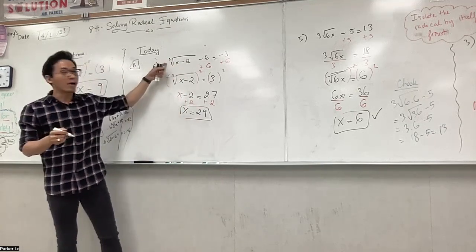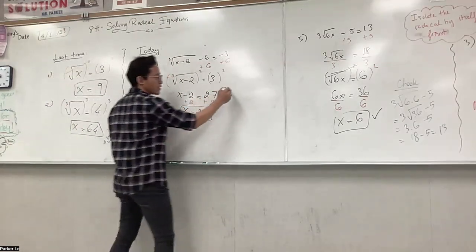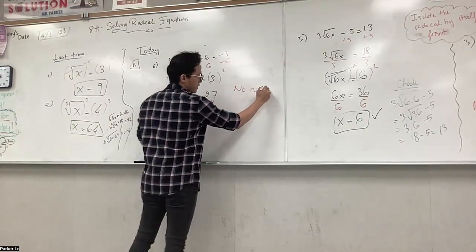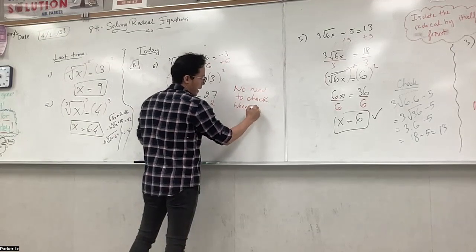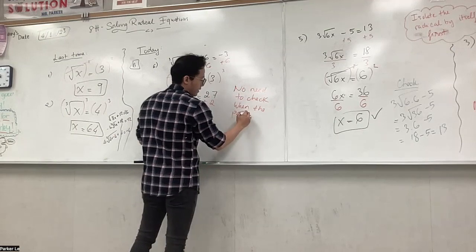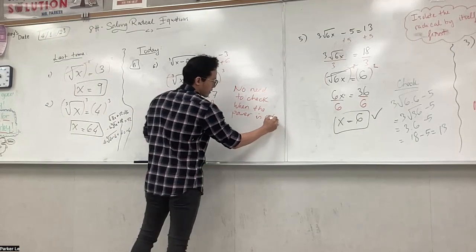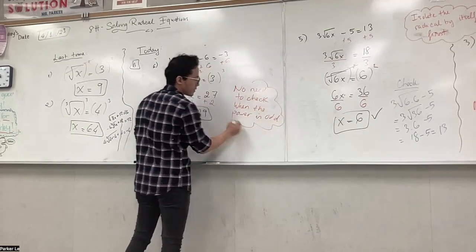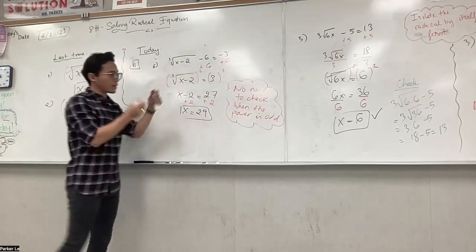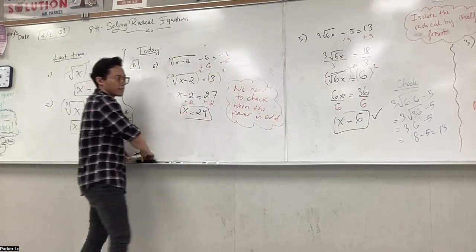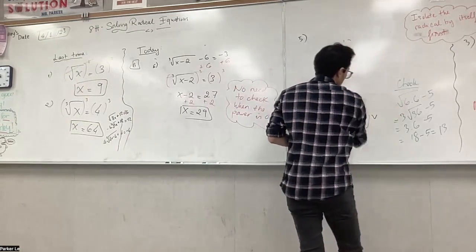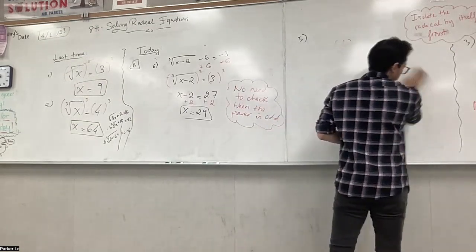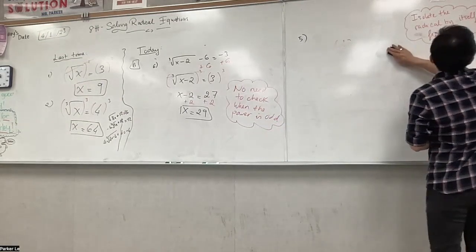So the good thing for you is when it's a cube root like this, you don't need to check. You only check when it is a square root or 4th root, but we don't do a 4th root in this class.